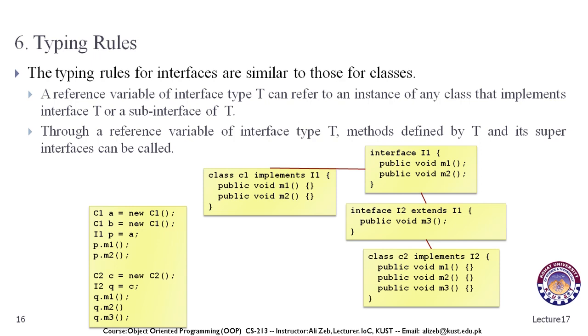Now when we create objects, A is an object of the C1 class, B is an object of the C1 class. What we can do is create a reference variable and assign the object of the class that implements this interface to that variable.